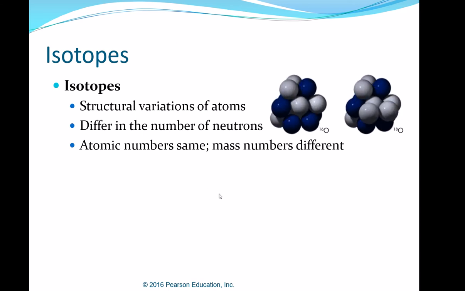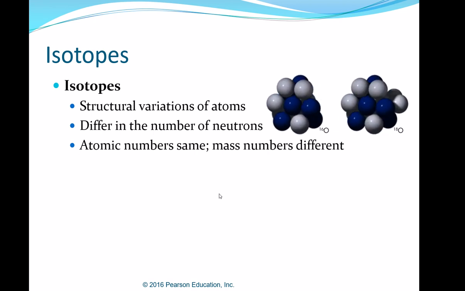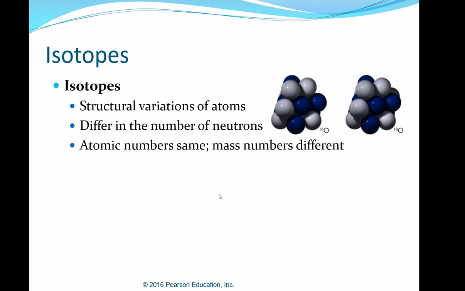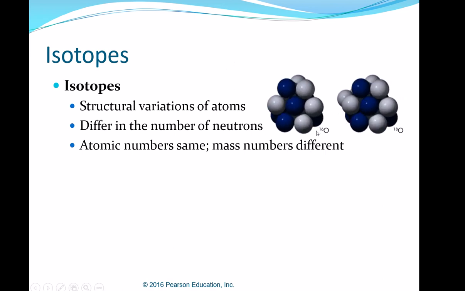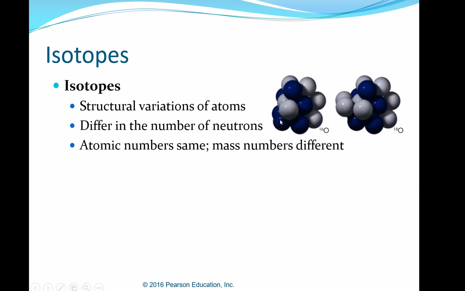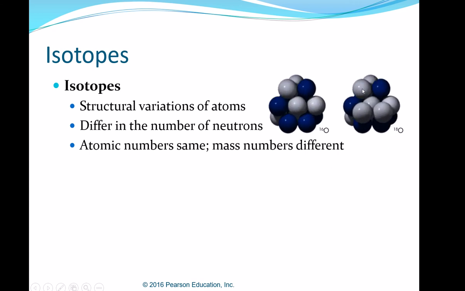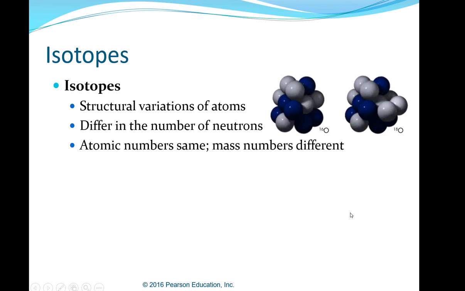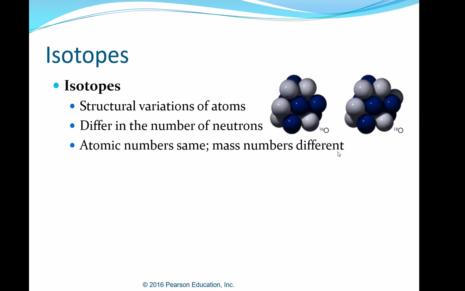They've got the same atomic number, but their mass numbers are different, the sum of their protons and their neutrons, because they differ in their number of neutrons. And so you're looking here at our normal oxygen 16, but you can see oxygen also exists as oxygen 18, where it has 2 more neutrons than is typical.